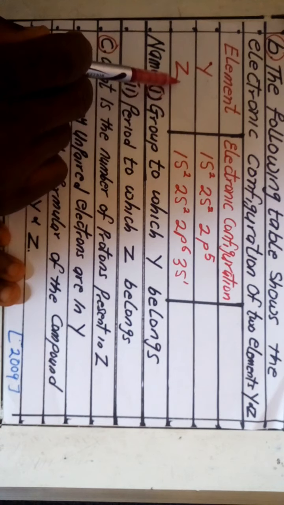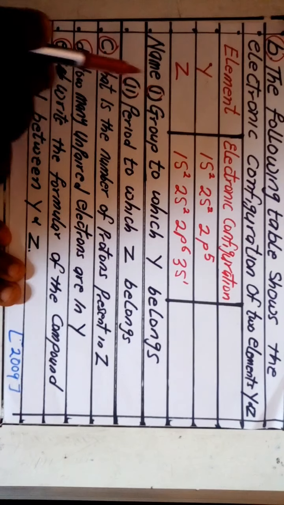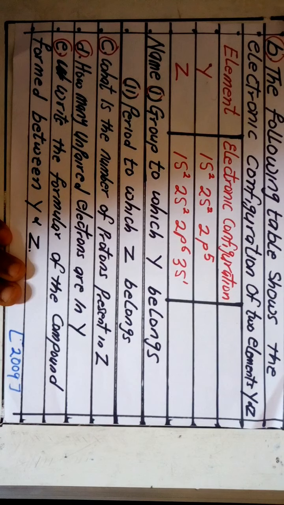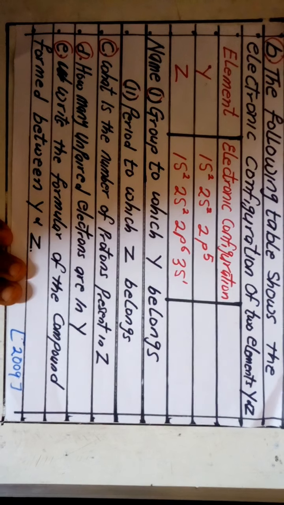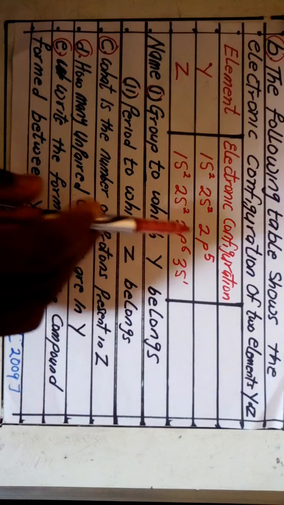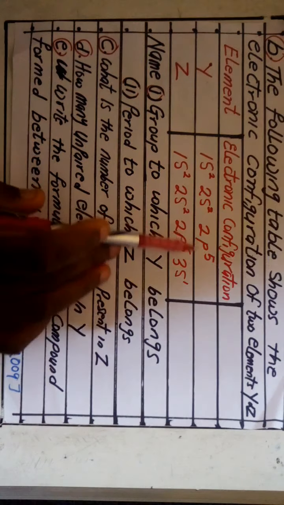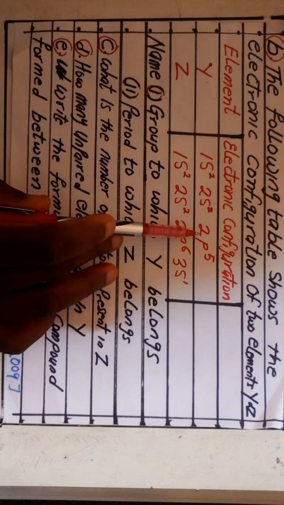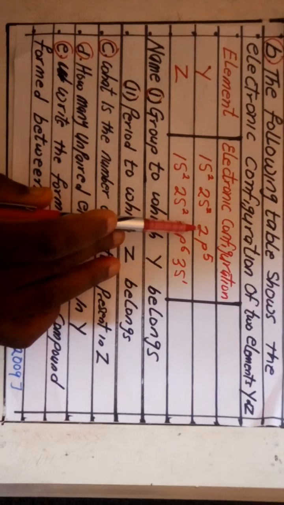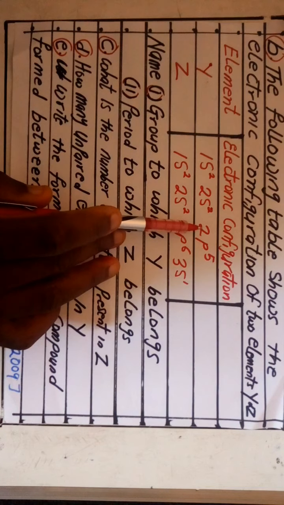then Z is sodium. Name the group to which Y belongs. Since you know that Y is fluorine, that means Y belongs to group 7. You know that one. But if you might have forgotten, this is a way to know it. If you look at this atomic electron configuration, they are both in the second shell.